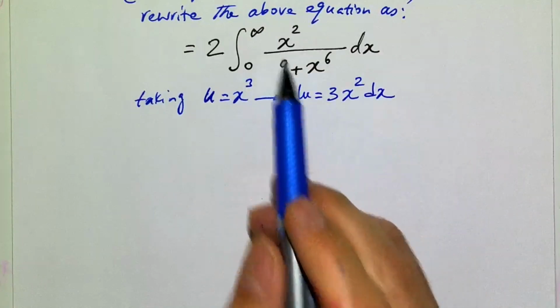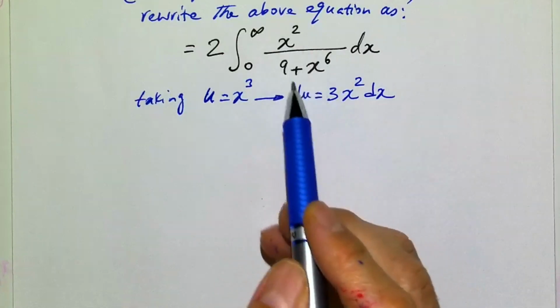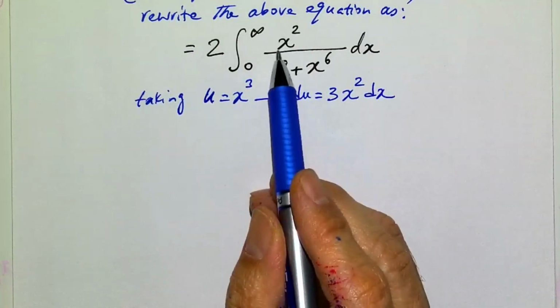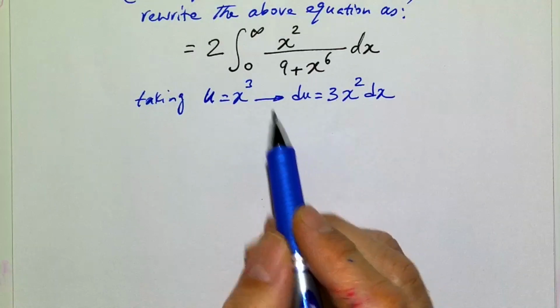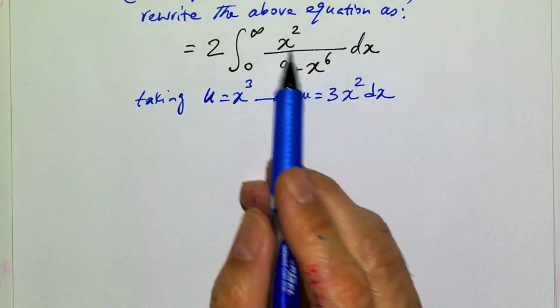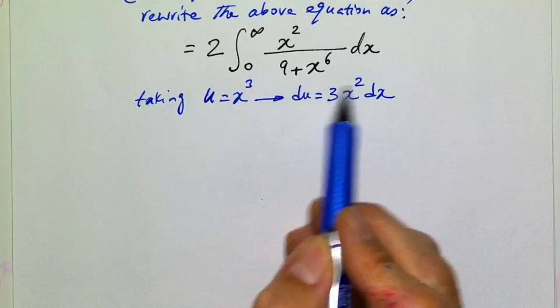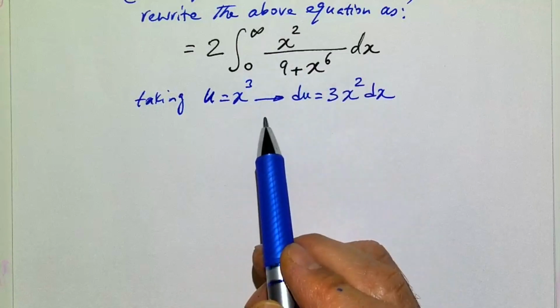And compare this with the numerator. All we have to do to use this substitution is to say 1/3 du, 1/3 of that will give us x squared dx. So let's do that.